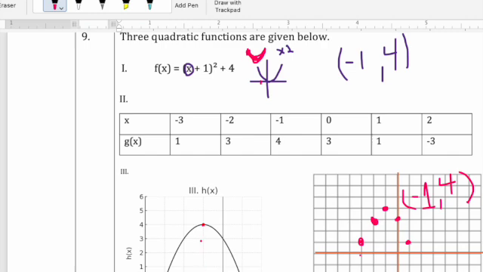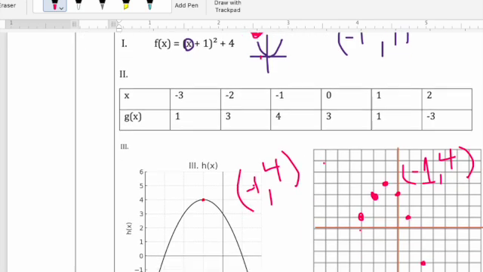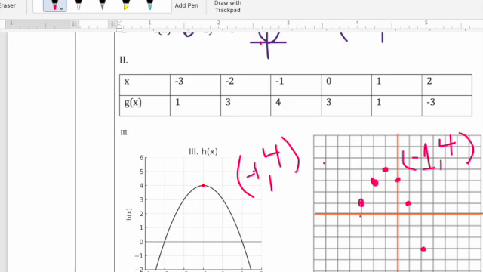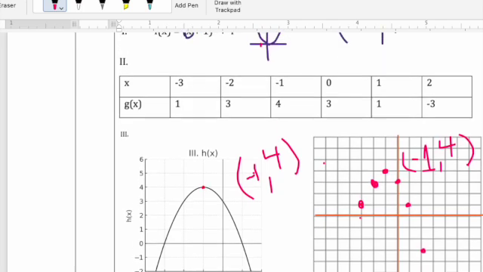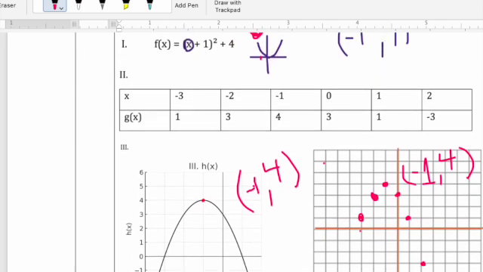And the next one also is at -1. I'm just double checking. Okay, -1 comma 4 again. So just wanted to see something.